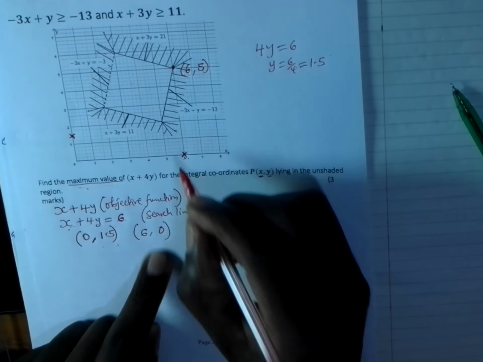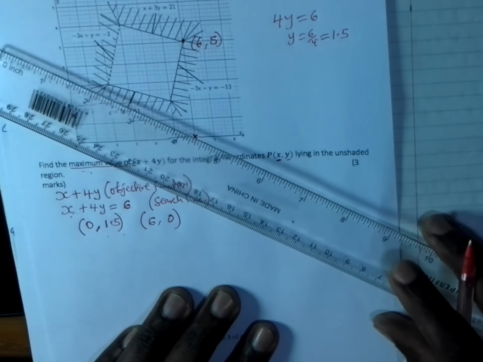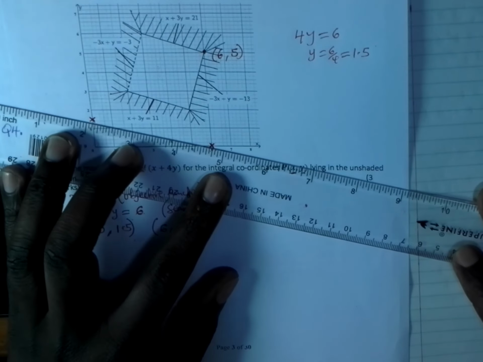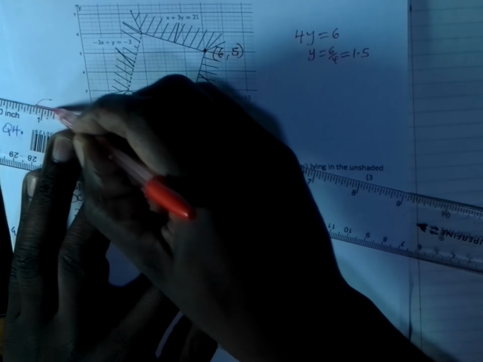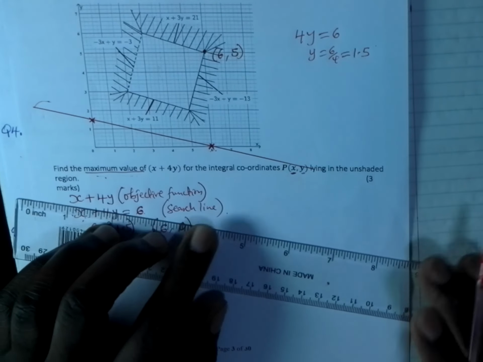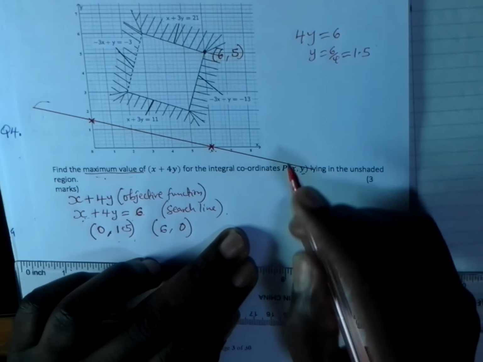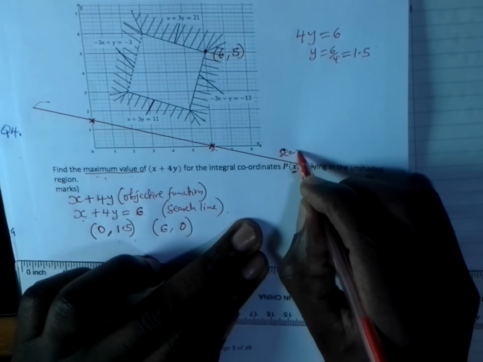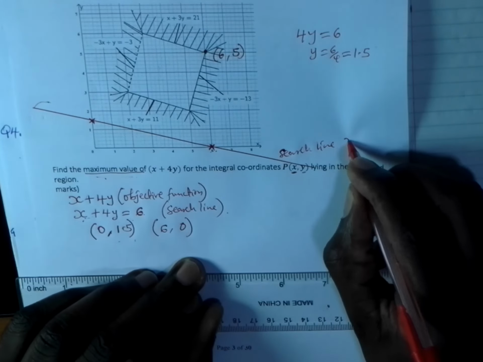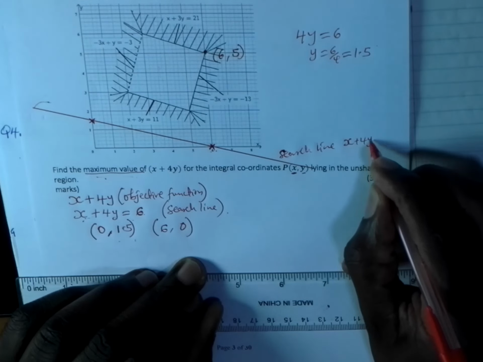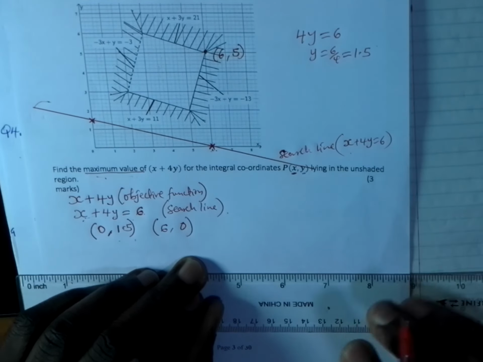Take the ruler and join these 2 points. This is our search line, that is x + 4y = 6.